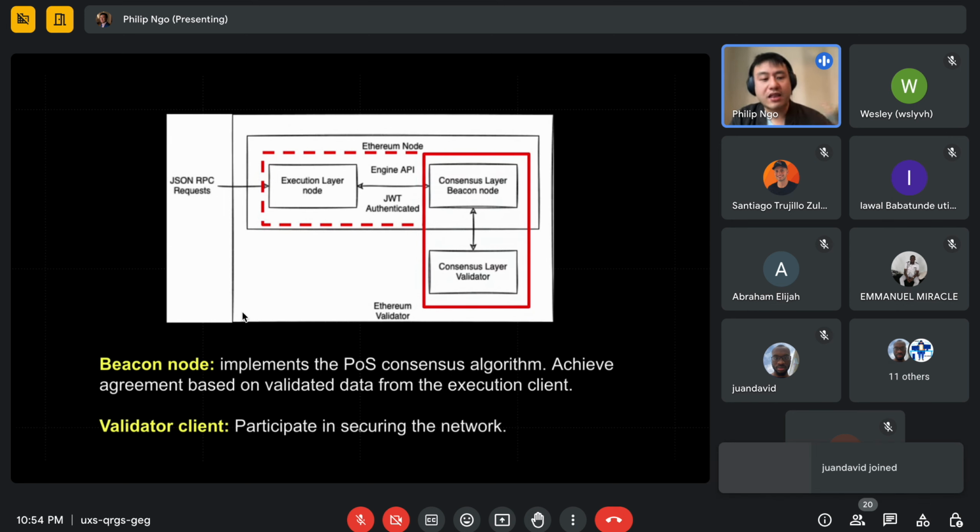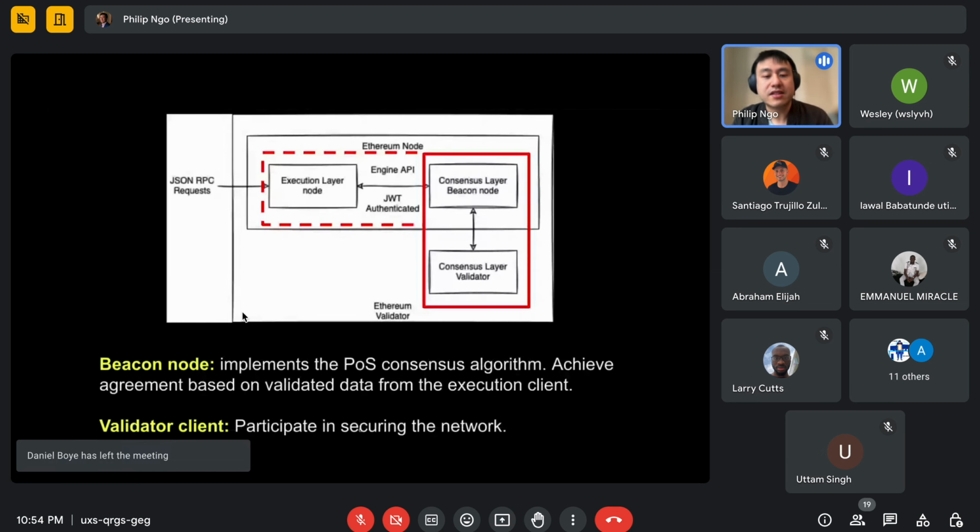This is a very high-level overview, but what we work on implements the beacon chain consensus algorithm. So this is where most of our work entails, but we do work very closely with other parts of the community, including researchers and other client teams, which you may have heard of.